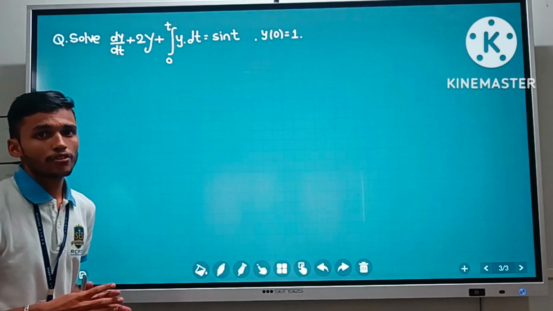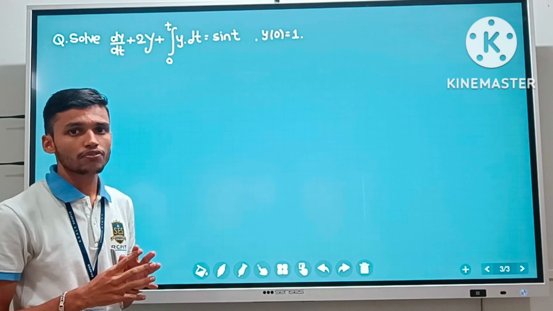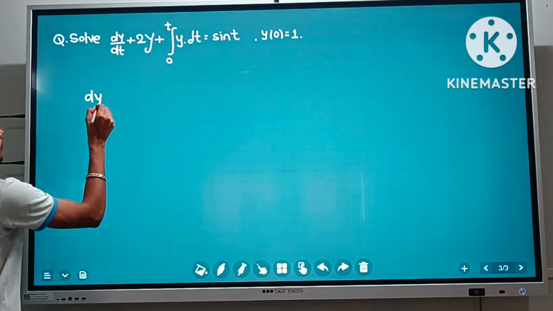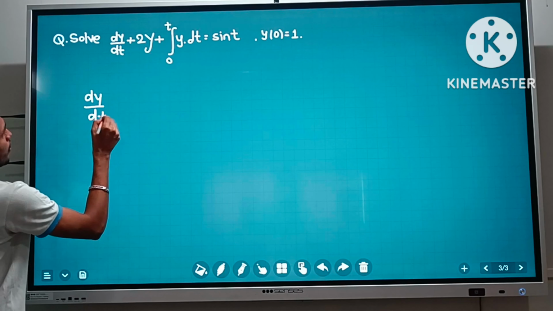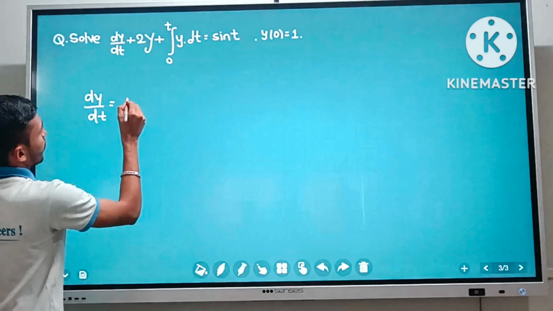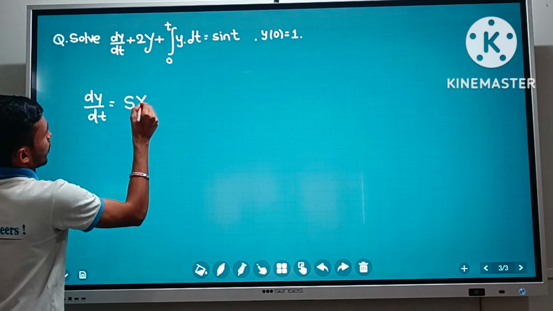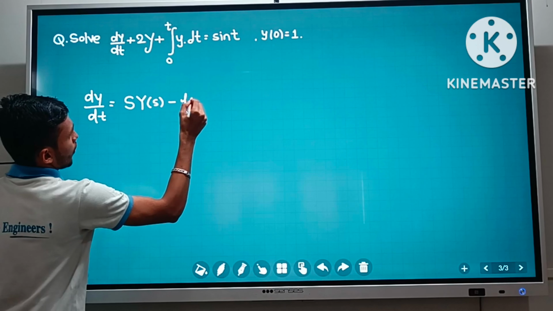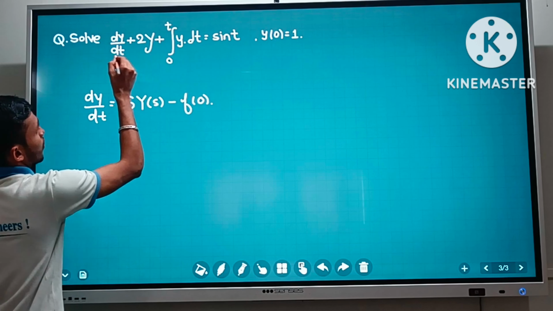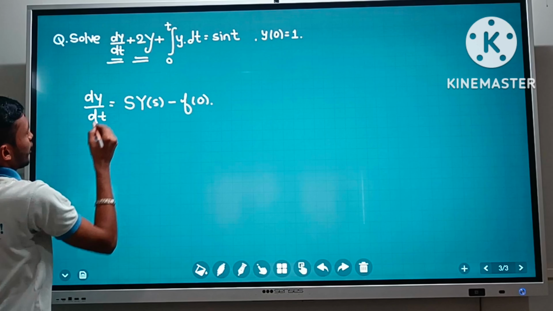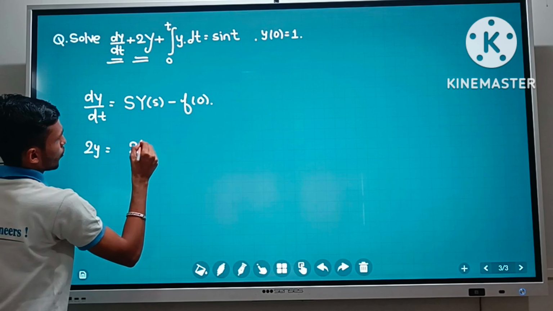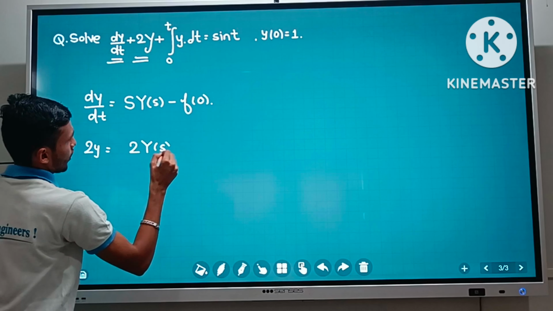So this is our question. We will find the transform step by step and then apply the derivative property. For dy by dt, applying the derivative property, we get s times capital Y of s minus y of 0. Now we will find the transform of 2y. It is 2 into capital Y of s.